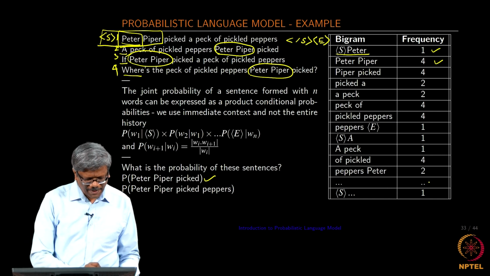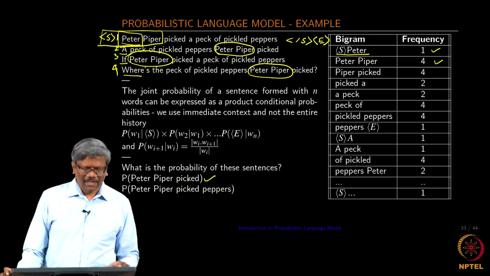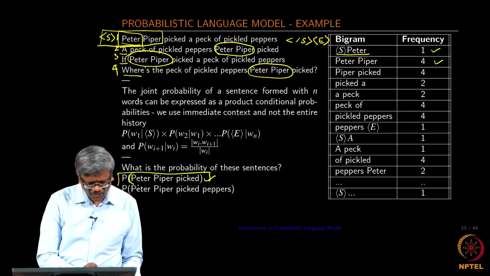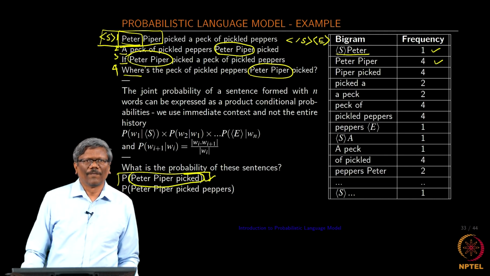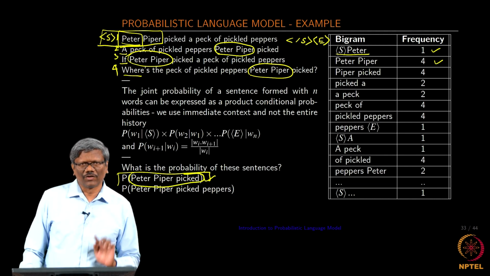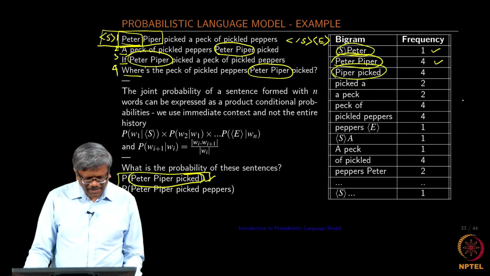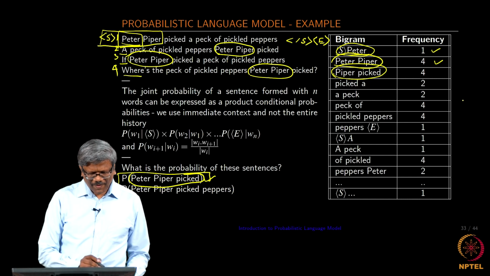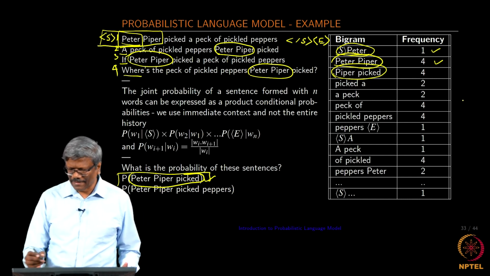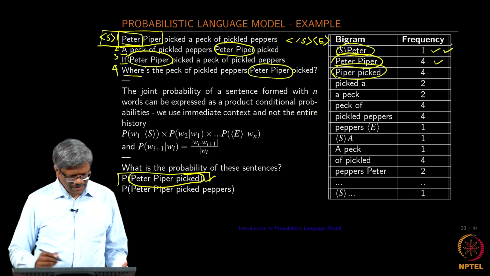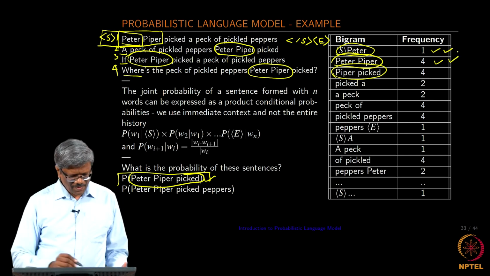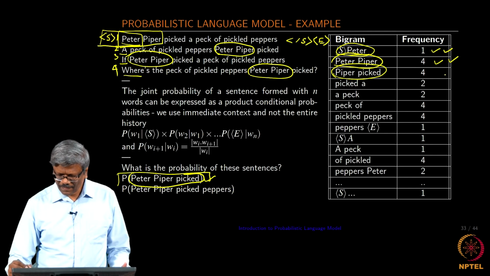So, if you want to find the probability of Peter Piper picked using the bigram, this is your input sentence. Compute the probability of this sentence. So we are going to be looking at the start of this sentence and Peter, whether it has occurred. Yes, it has occurred once, and then Peter Piper has occurred 4 times and Piper picked occurred 4 times.